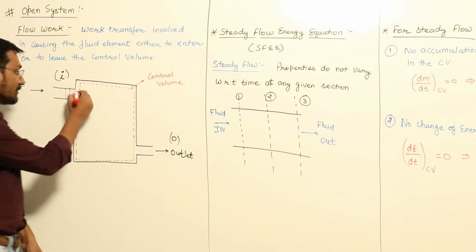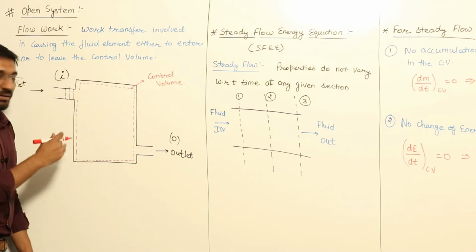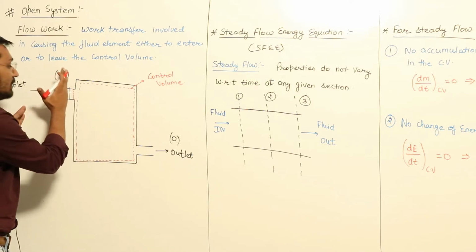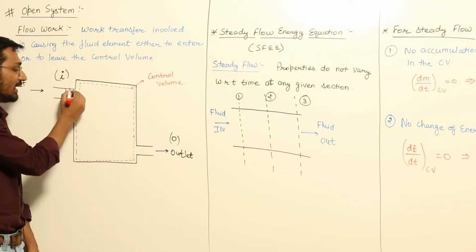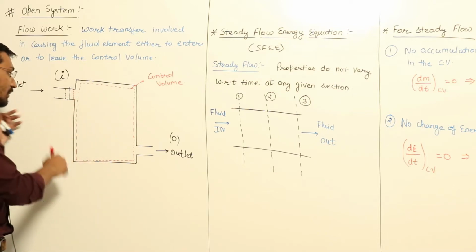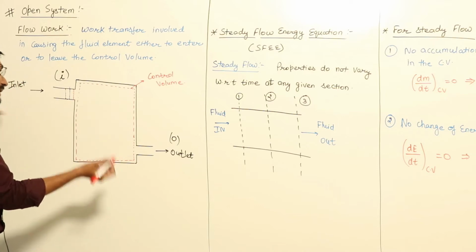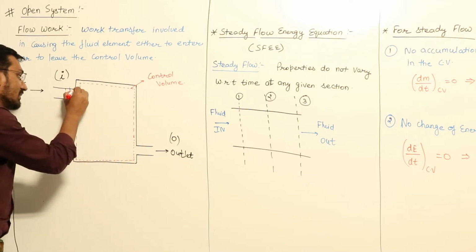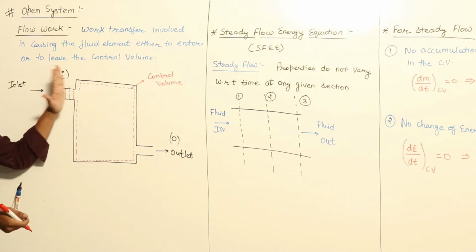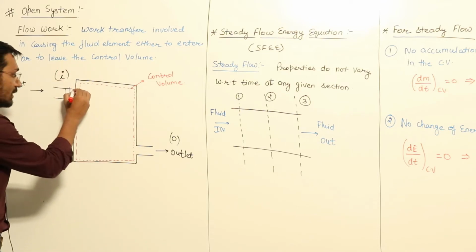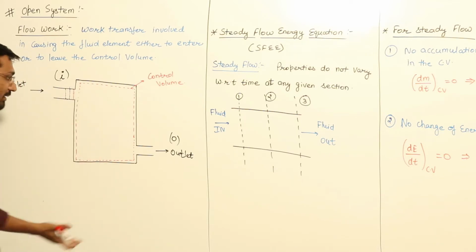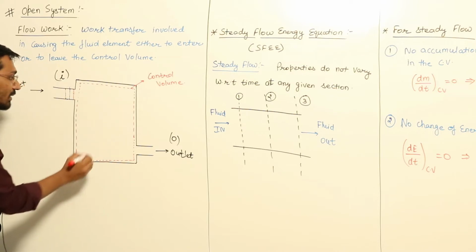Only after this red layer enters the system can this blue layer enter. So it has to push this red layer inside the system. If this red layer has to enter the system, there is a particle on this red section, and it needs some work for this movement, right?